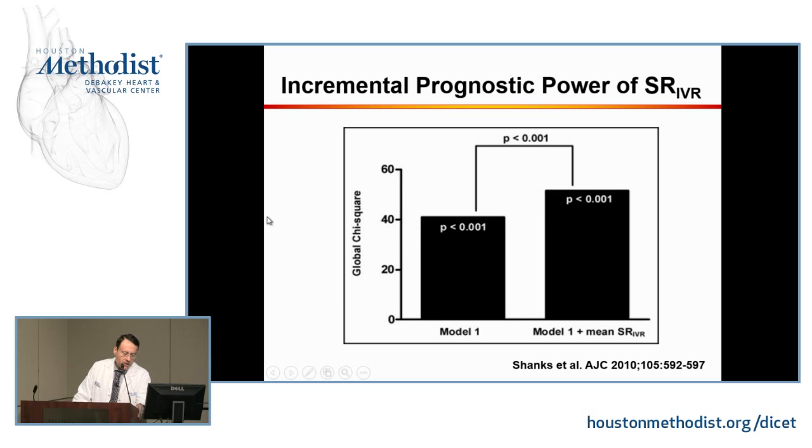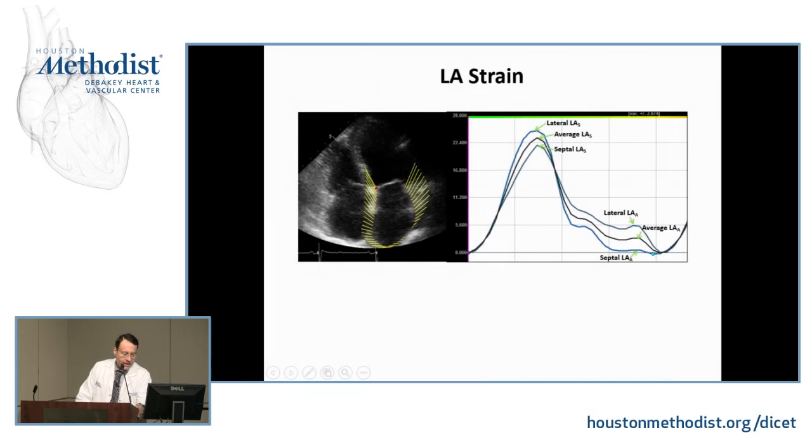The chi-square model was 40 when they threw in the TIMI score, all other standard echo measurements. There was a significant increment in the chi-square value to about 53 or 54 or so when they added the SR IVR. So pointing not only to a diagnostic but prognostic utility.